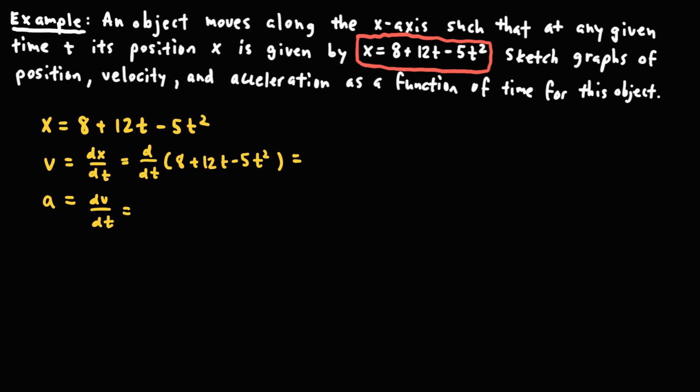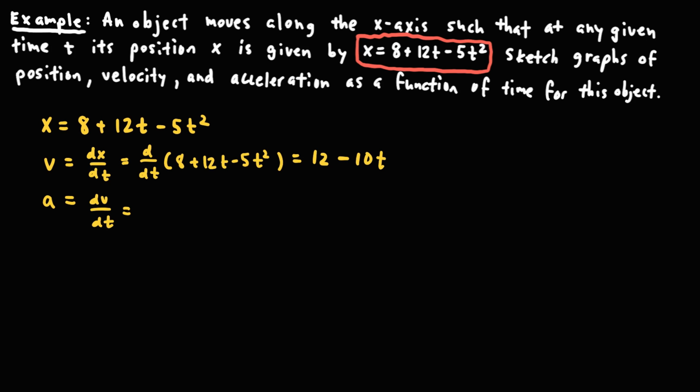The derivative of a constant, 8, is 0, and so I can totally get rid of the first term. The derivative of the second term, 12t, is just 12, and the derivative of the last term will be minus 10t.